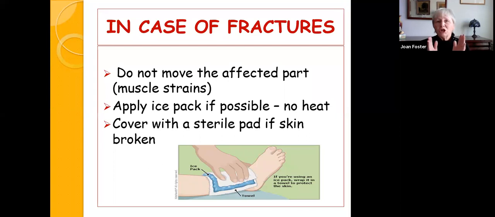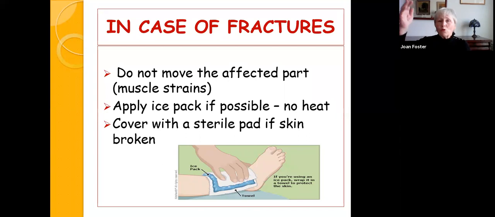But you really don't want to move the affected part, and there are many reasons for that. If it was a fracture, it might be impinging on a nerve. The shards of the fracture might be very close to a major blood vessel. So you really don't want to move the affected part.